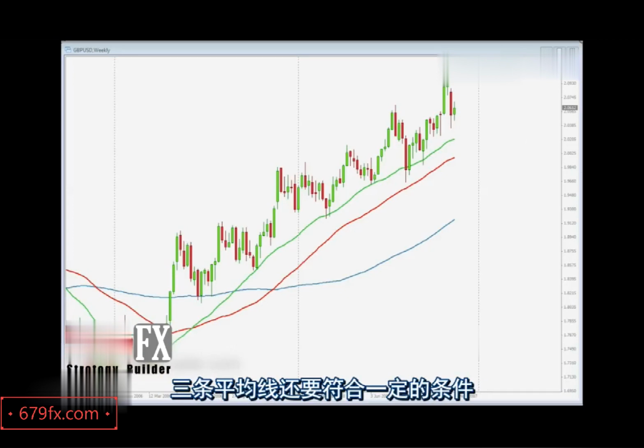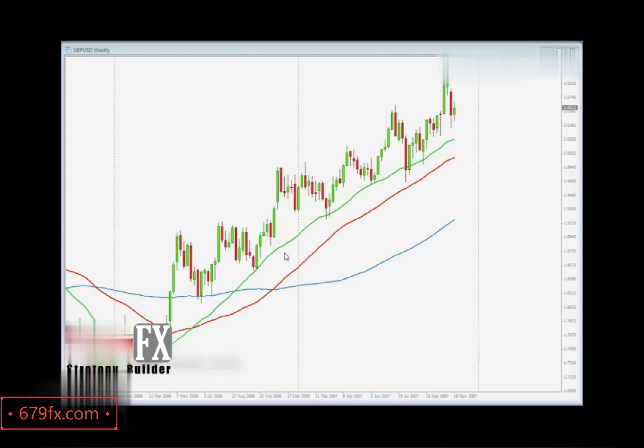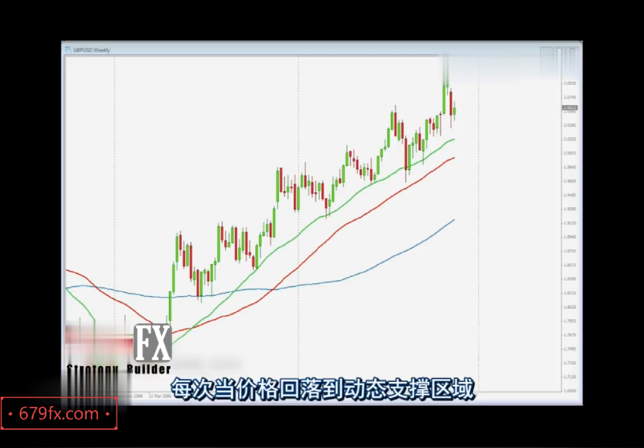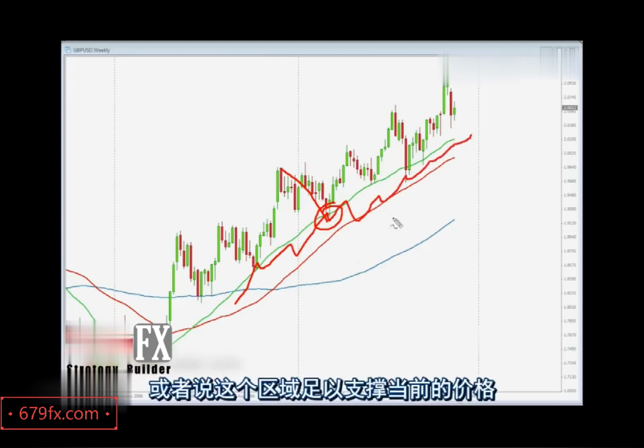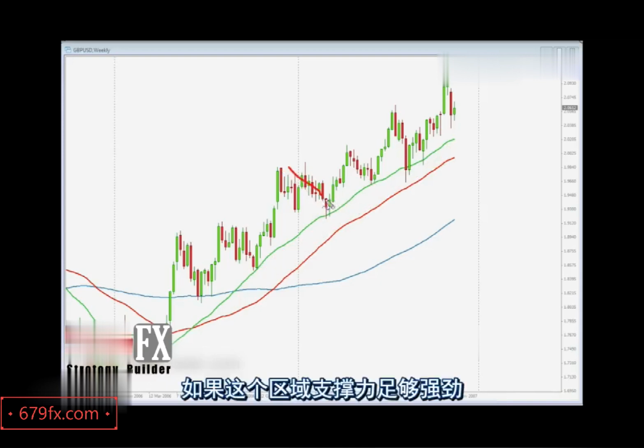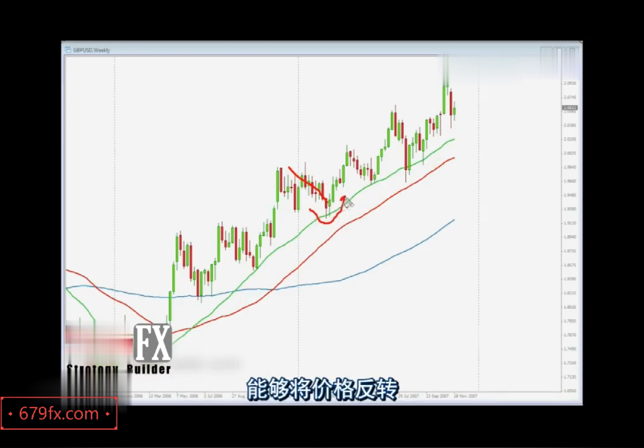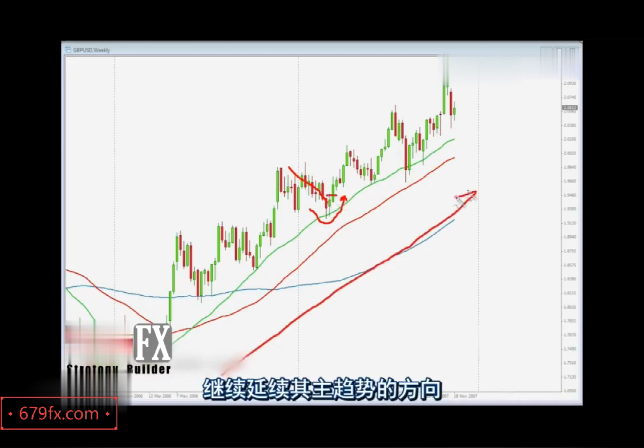You want the moving averages to plot under certain conditions in the chart, as usual, all of them in order, all of them parallel to each other, etc. So in this type of trending scenario, every time price pulls back to the dynamic area of support, and if it does not breach it, meaning this band is strong enough to hold price upon the retracement, strong enough to turn price around in the direction of a very clear trend, entering long there would have been a high probability trade.